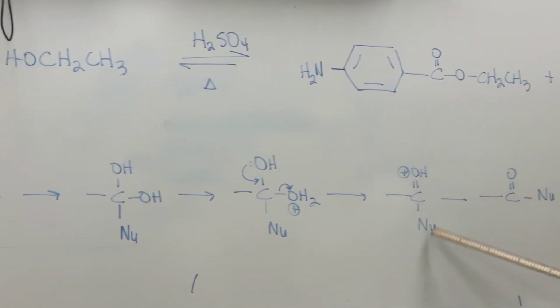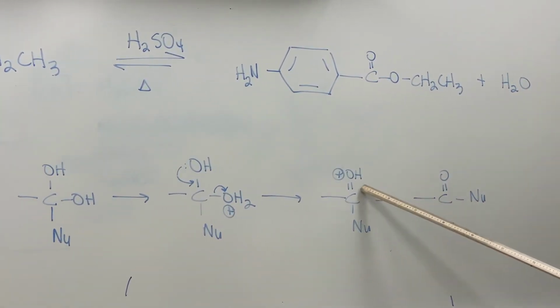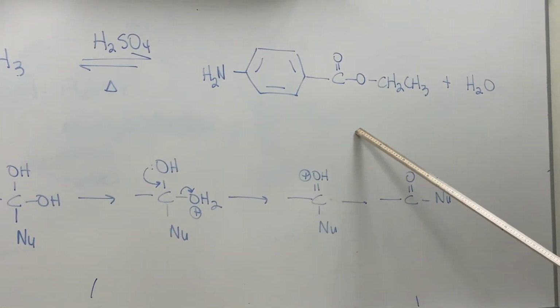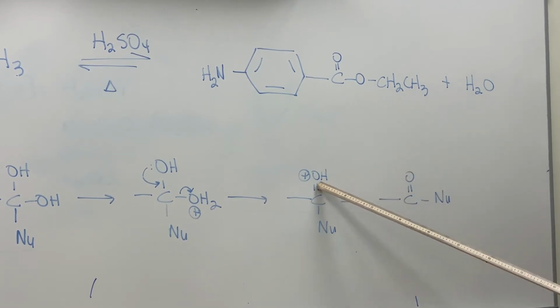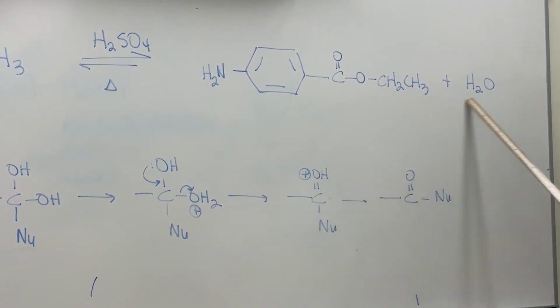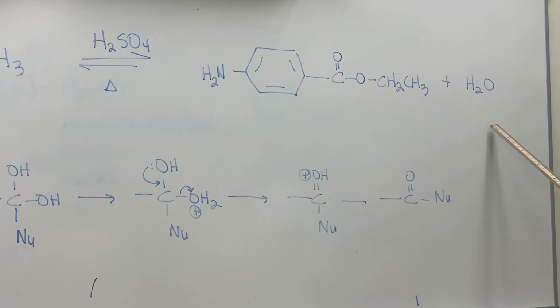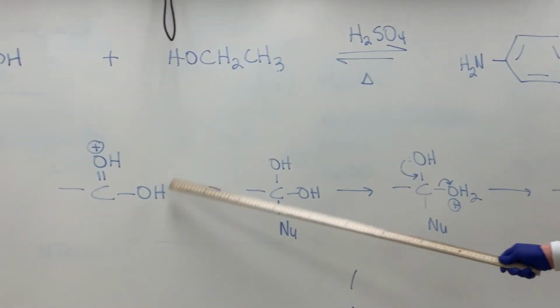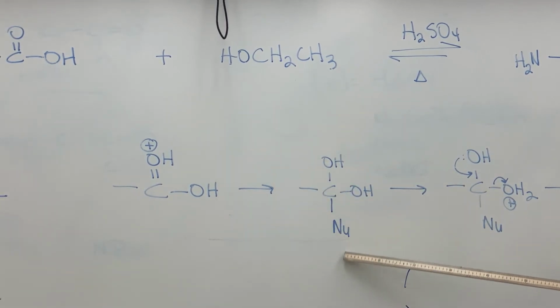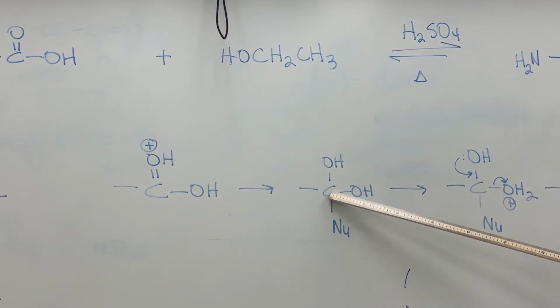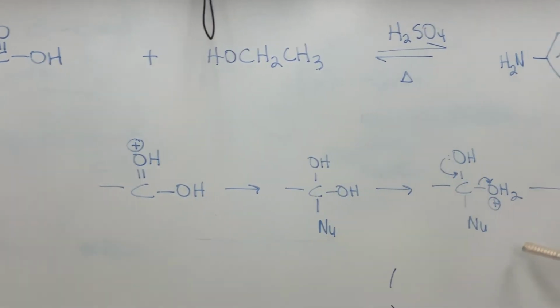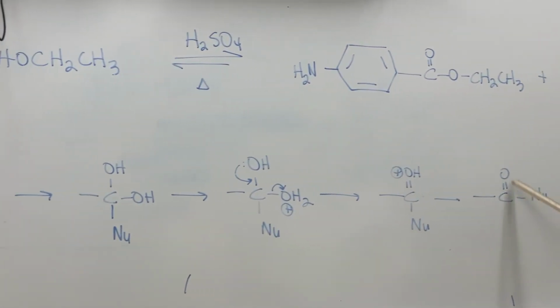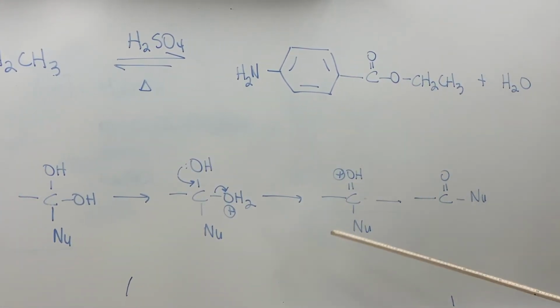We have this intermediate. The last step is really an acid-base reaction. We've got water present that can pick up that hydrogen to regenerate our acid catalyst. So notice it starts out with an acid-base reaction, but once the nucleophile adds, it doesn't stop there. Then we have elimination to form, in this case, our ester.